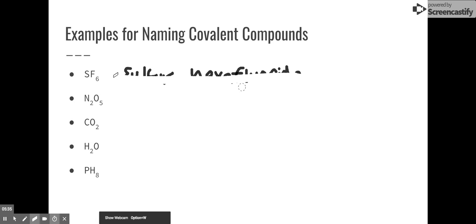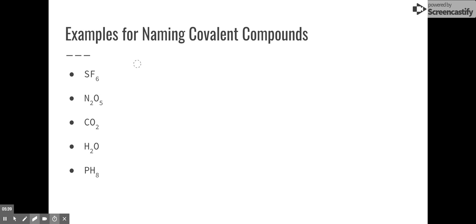And then next we're going to look at N2O5. Here we can see that both of these elements have multiple atoms with them. Since it's 2 here, we can write di as our prefix and just write nitrogen normally.